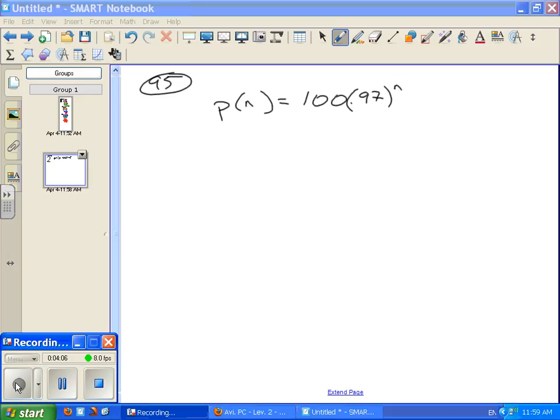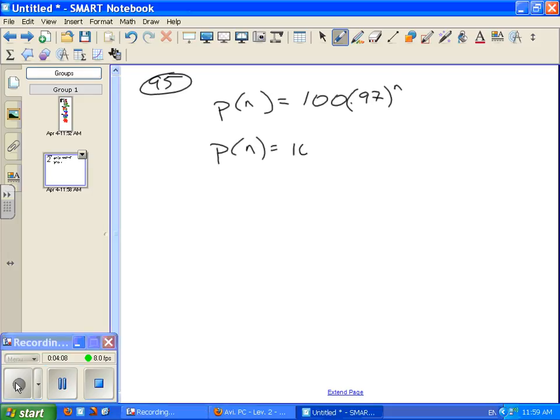Plugging that into the graphing calculator, I'm going to have 0.97 raised to the 10th, and then I want to multiply that by 100. And that's going to get us 73.7% of the light that we'll still have.